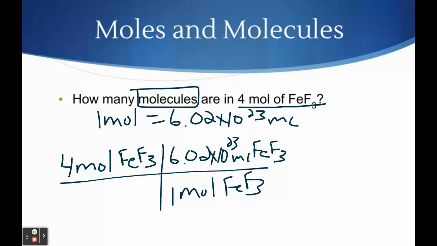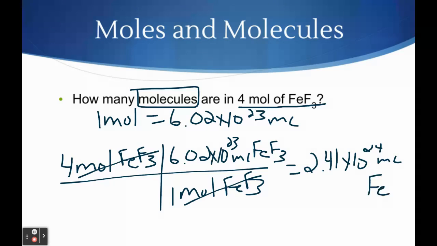So now we will do 4 times 6.02 times 10 to the 23rd divided by 1. When we do that, our moles cancels out and we're left with molecules, which is what we want. So the answer you should get is 2.41 times 10 to the 24th molecules of FeF3.